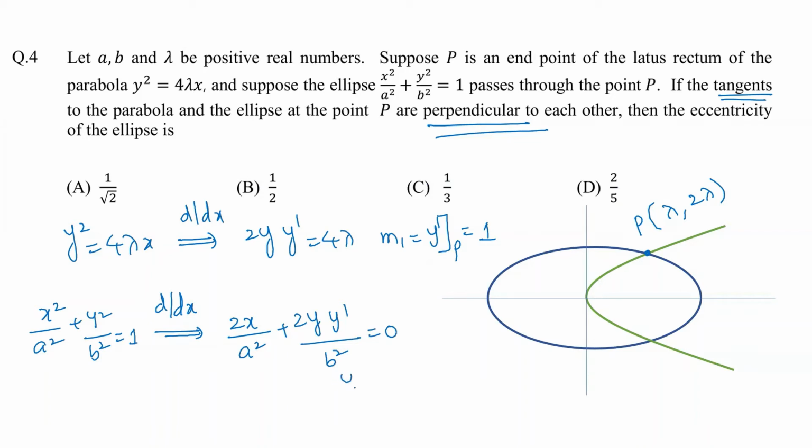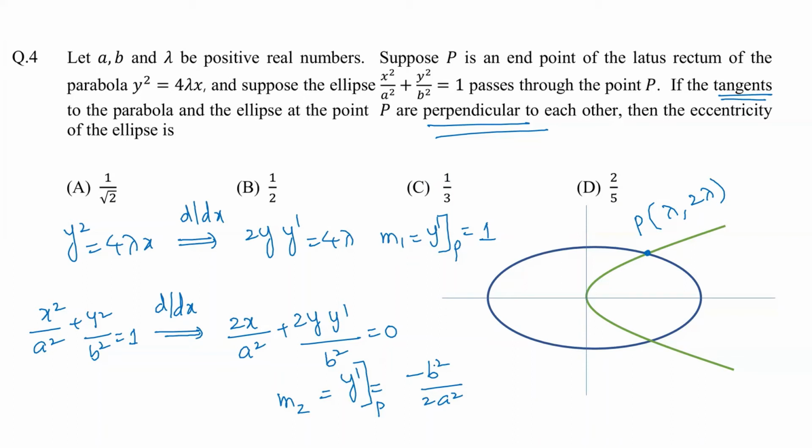From here, if you find y dash, we are going to get minus b square upon 2a square, again at the point P only. You substitute the coordinates of P, which are lambda and 2 lambda, and take that as the slope of the tangent of the ellipse, which is m2, minus b square upon 2a square, right?